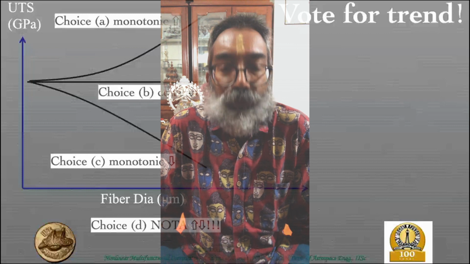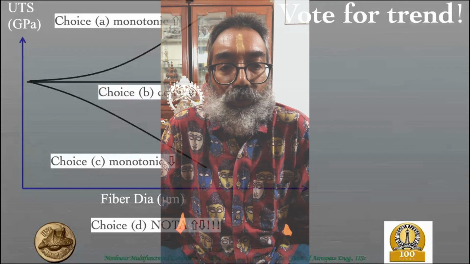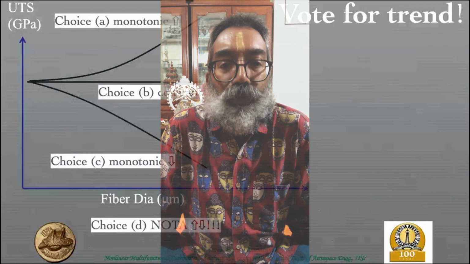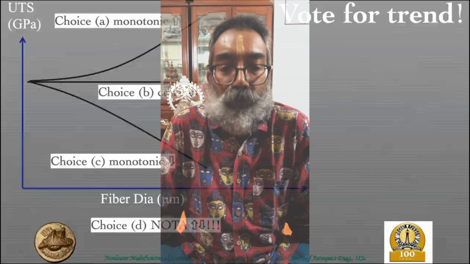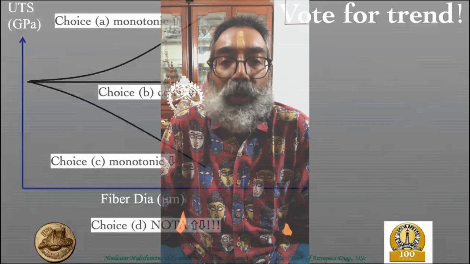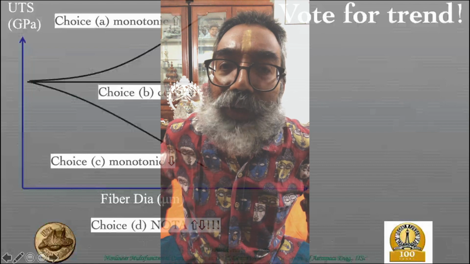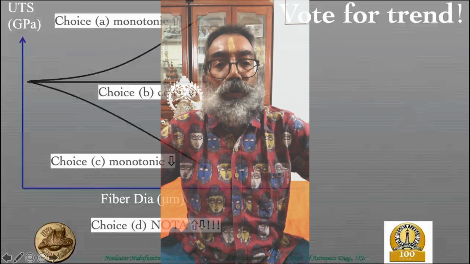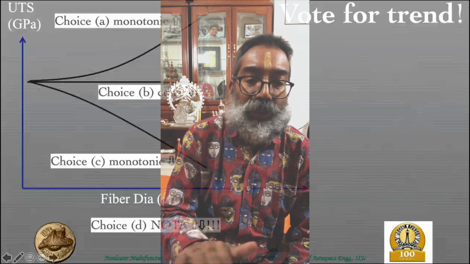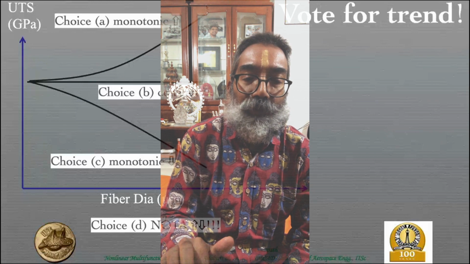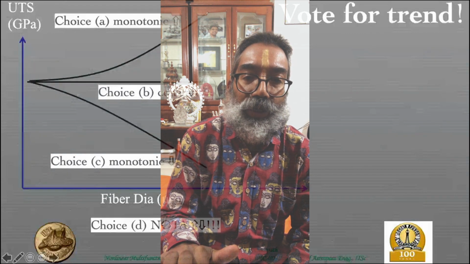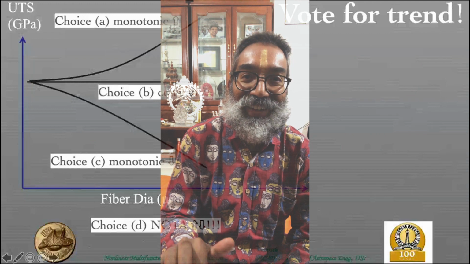Sir, Akshay is saying as the diameter reduces, the defects concerning size is reducing. We are reducing the dimensionality of the defects, like from the plates to... Did you answer A or C? Did you answer A or A? Okay. So here, see that fiber diameter is increasing and you're saying that it is monotonically increasing with that. No, sir, fiber diameter should be increasing.